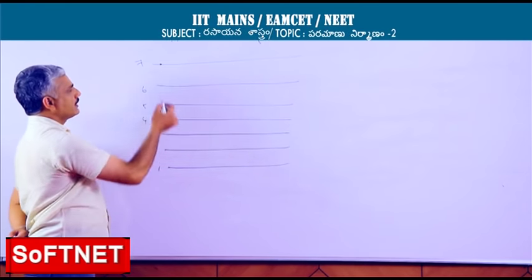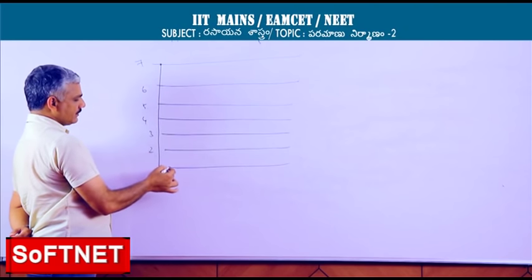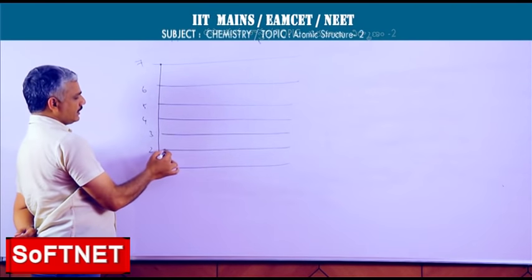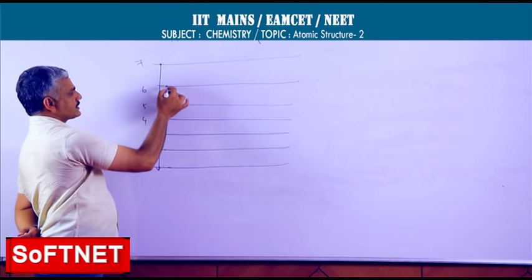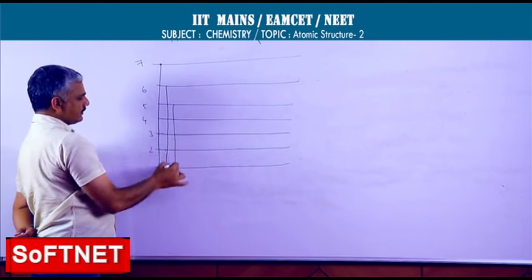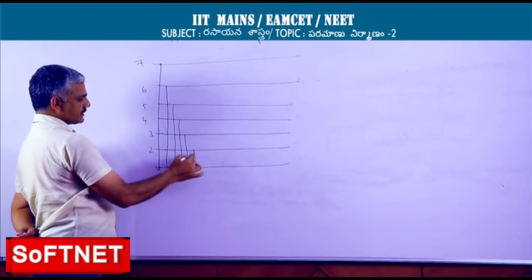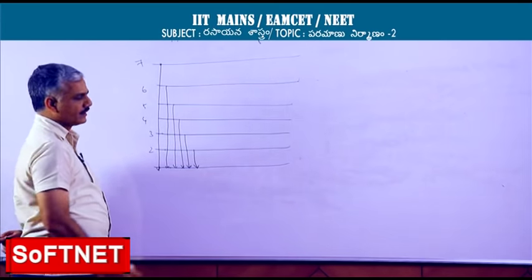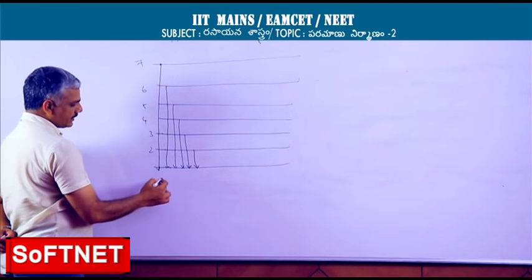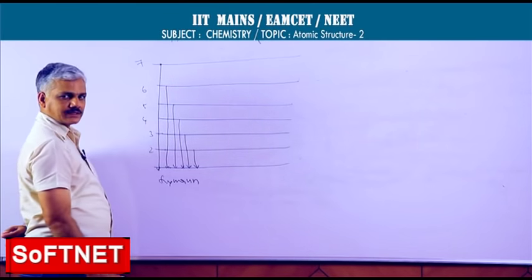For example, the electron can jump straight away from the 7th orbit to the 1st orbit, or in stages like from 6th to 1st, 5th to 1st, 4th to 1st, 3rd to 1st, 2nd to 1st. All these transitions lead to the formation of spectral lines observed in the Lyman series.